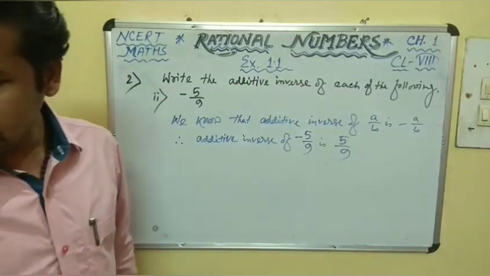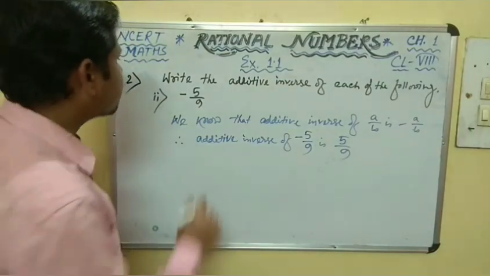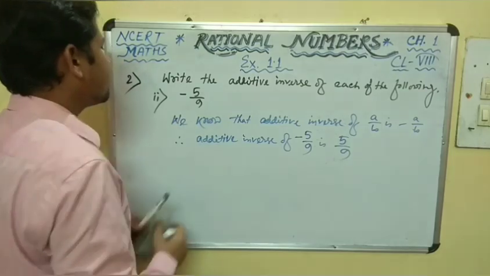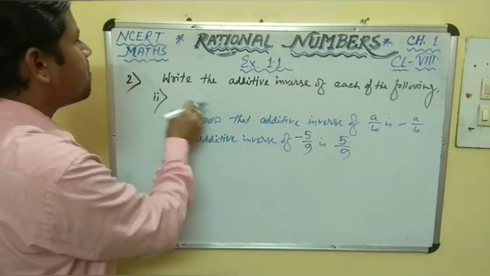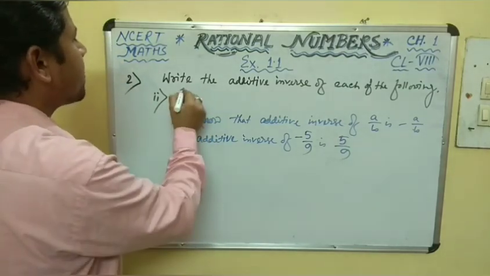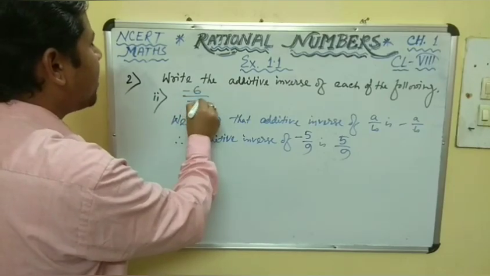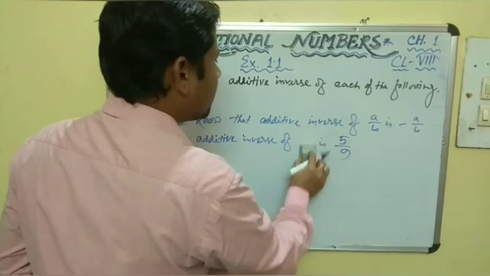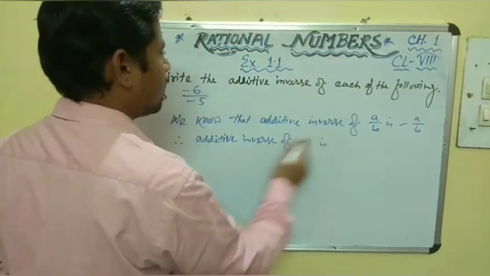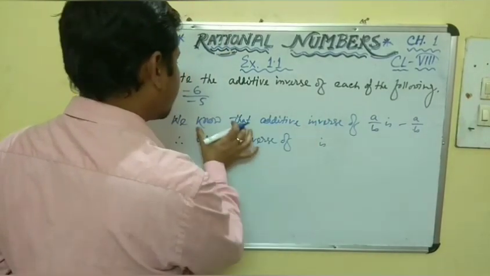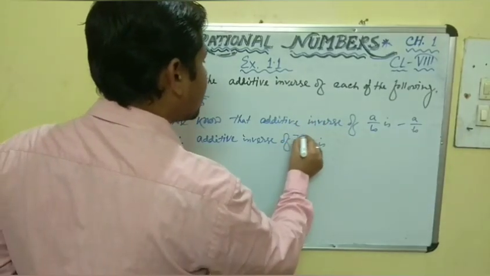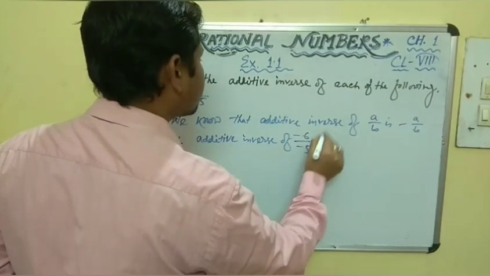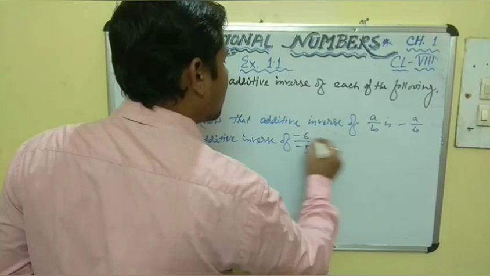For the next one, the number 3, the question is minus 6 by minus 5. Same sentence will be there. Only here, minus 6 by minus 5, what is that?